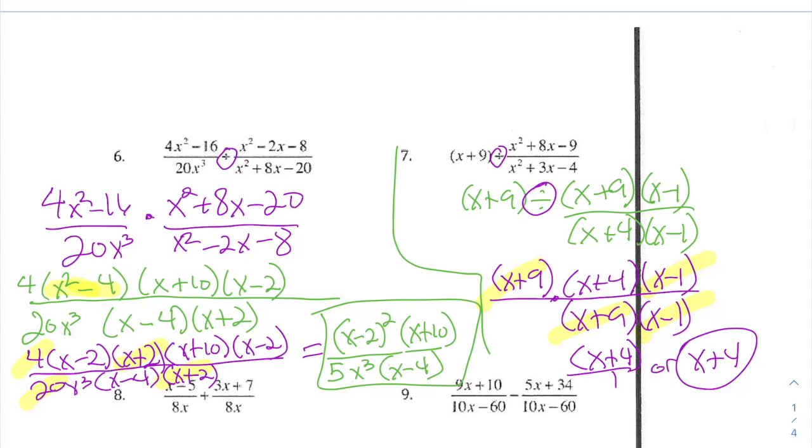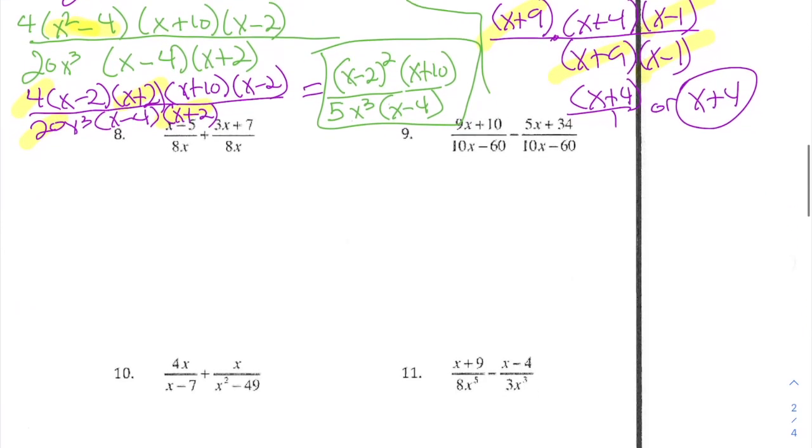Okay. All right, so now multiplication and division is actually a little bit easier than addition and subtraction. And the reason being is that some of us forgot how to add and subtract fractions.